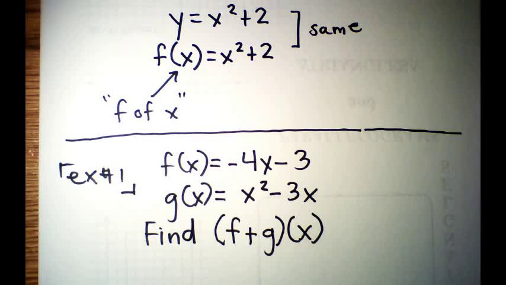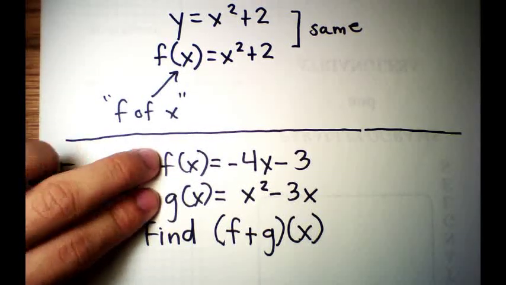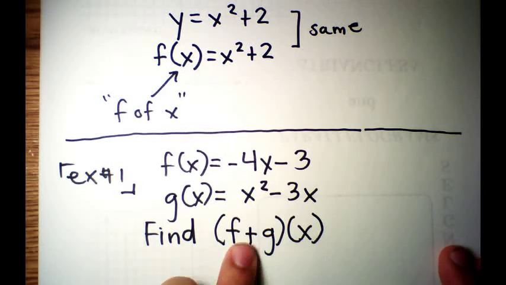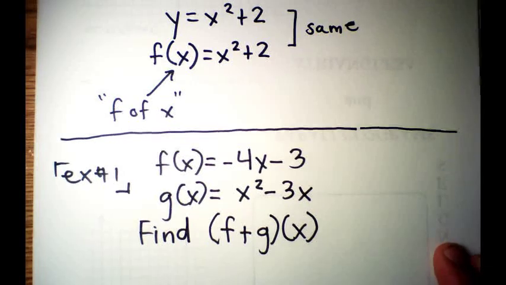Well, for the steps of this, you're going to take these two equations, you're going to take these two functions and combine them by the operation that you see: plus, minus, multiply, or divide.